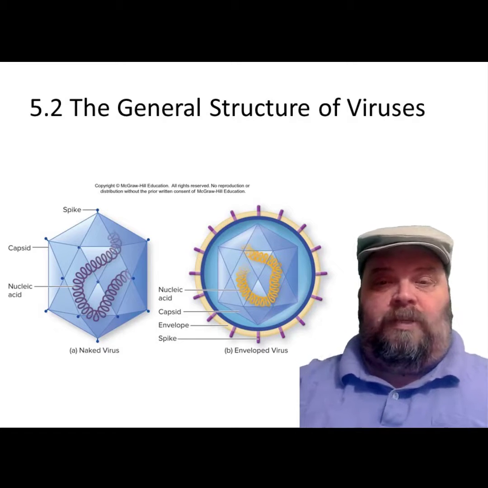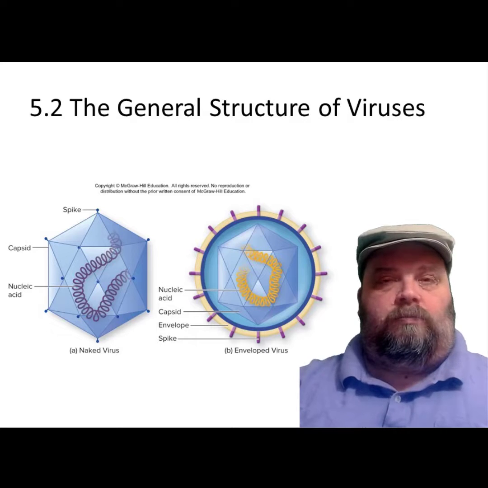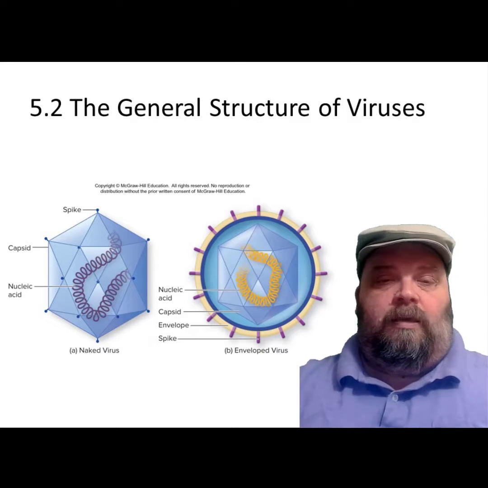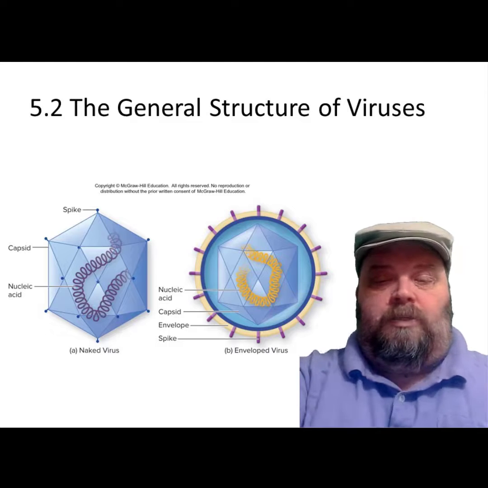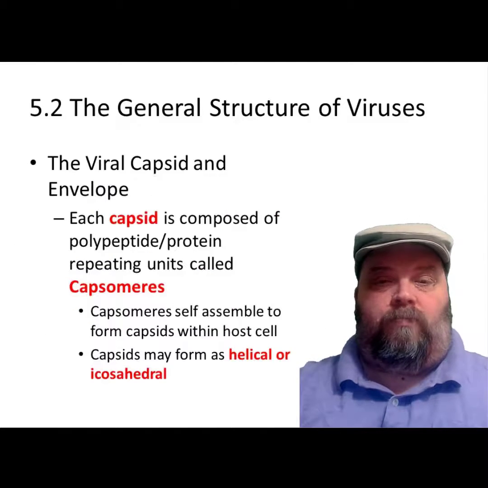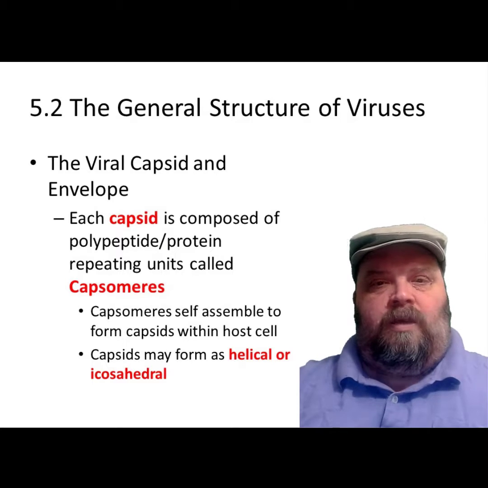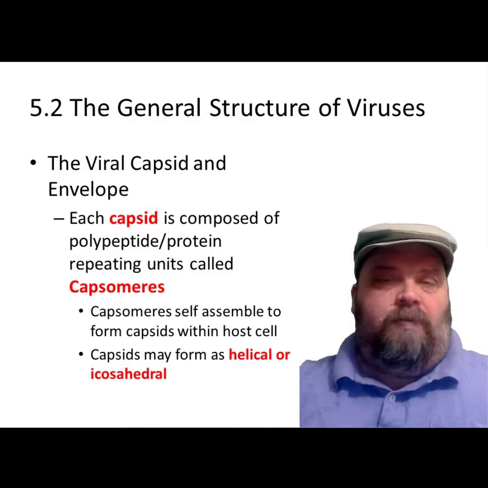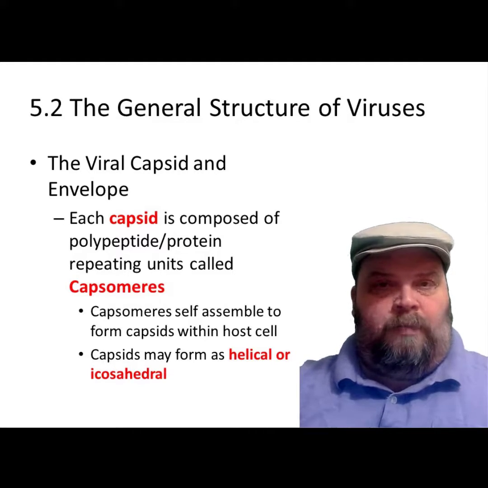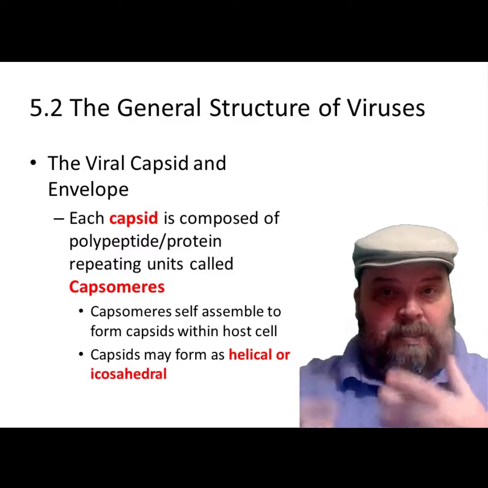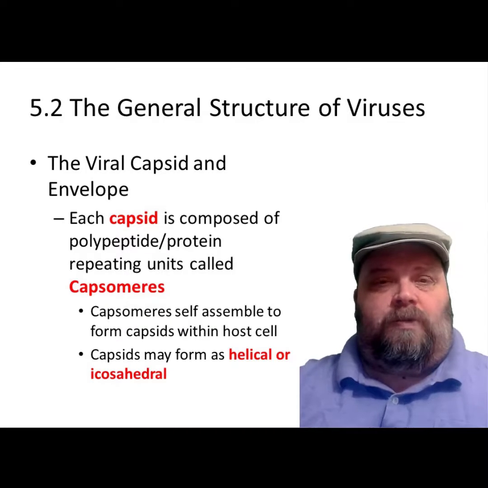Either way, whether it's in the envelope or in the capsid, there will be spikes. Each of these capsids, whether it's a naked or an enveloped virus, is going to be composed of polypeptides, proteins. The individual polypeptides, proteins that make up each of the facets are referred to as capsomeres.